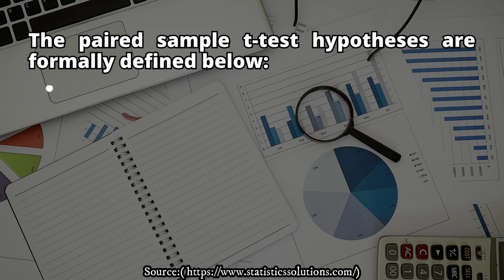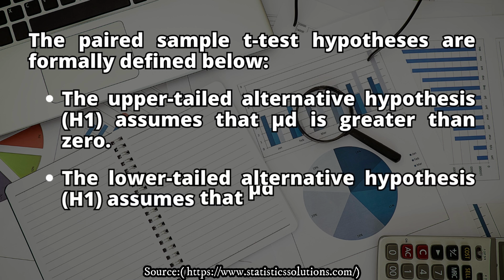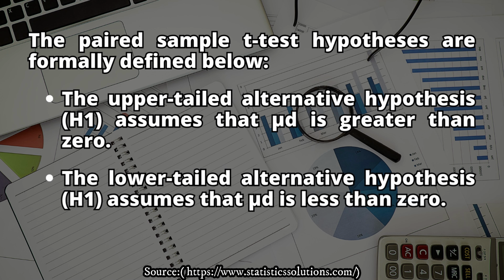And in the third condition, the upper-tailed alternative hypothesis assumes that the mean difference is greater than 0. And the fourth one, the lower-tailed alternative hypothesis, assumes that the mean difference is less than 0.